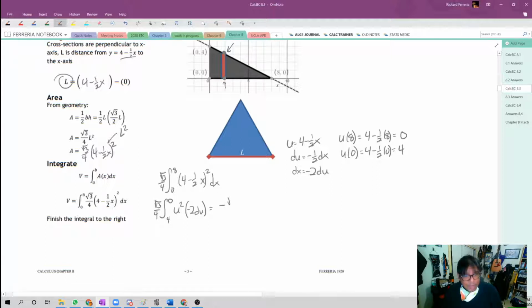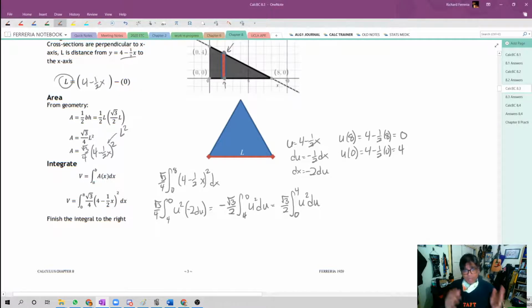And that turns into negative root 3 over 2. 2 times root 3 over 4 is root 3 over 2. And that's going to go from 4 to 0 of u squared du. Now the other thing that I can do is, since I have the negative here, I can actually reverse the limits of integration from 0 to 4 at the cost of another negative sign, which basically just rights the ship.